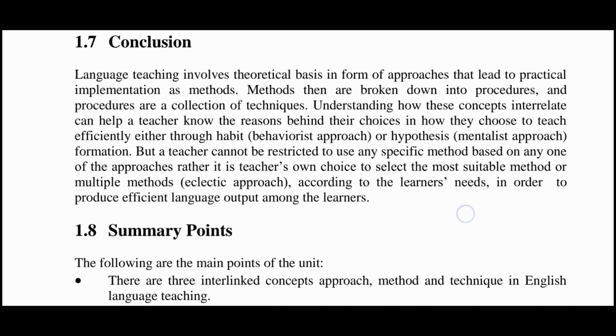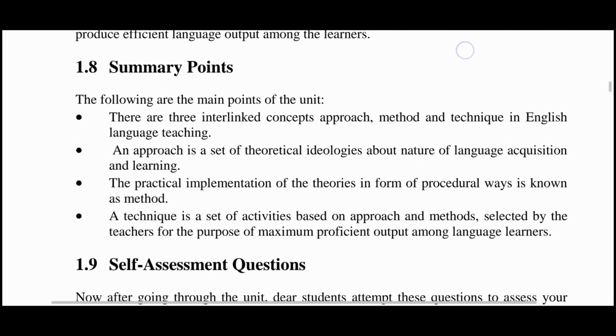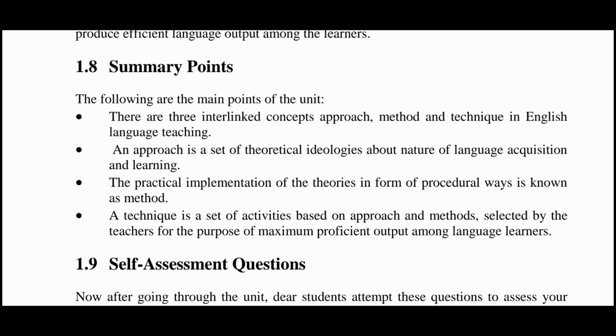So, summary of the important points. The following are the main points of the unit. There are three interlinked concepts: approach, method, and technique in English language teaching. An approach is a set of theoretical ideologies about the nature of language acquisition and learning.